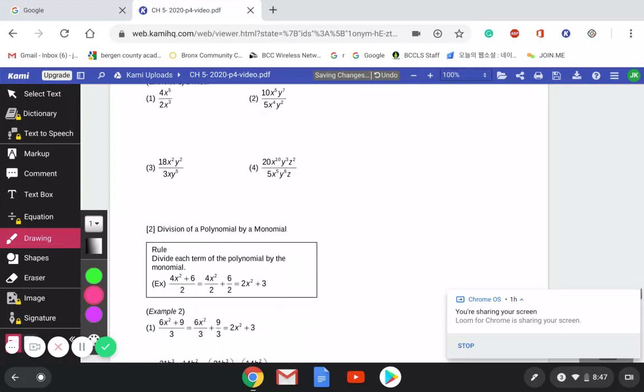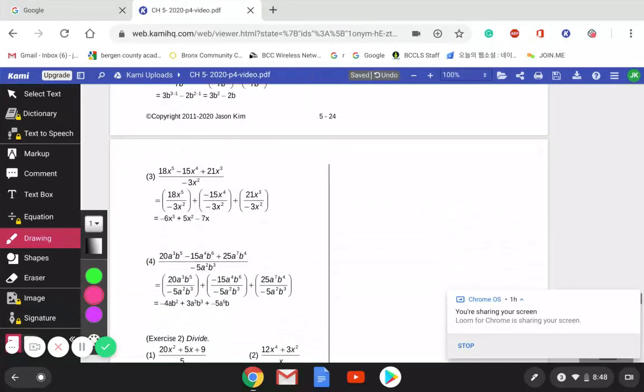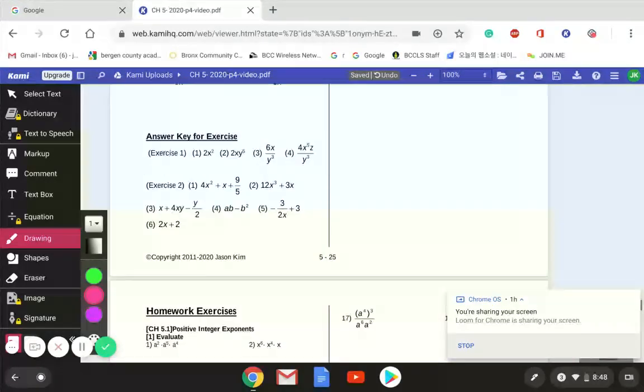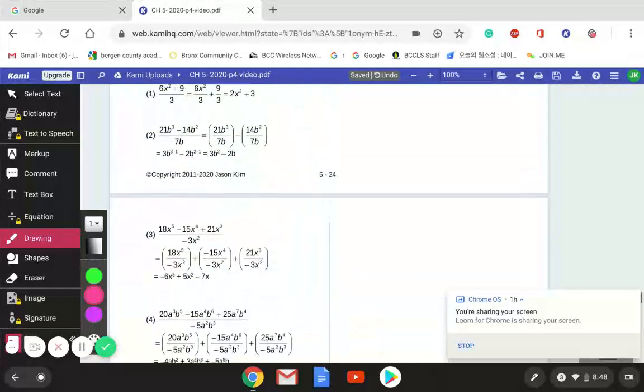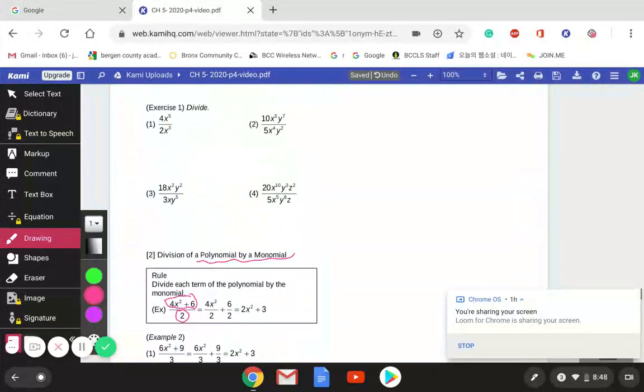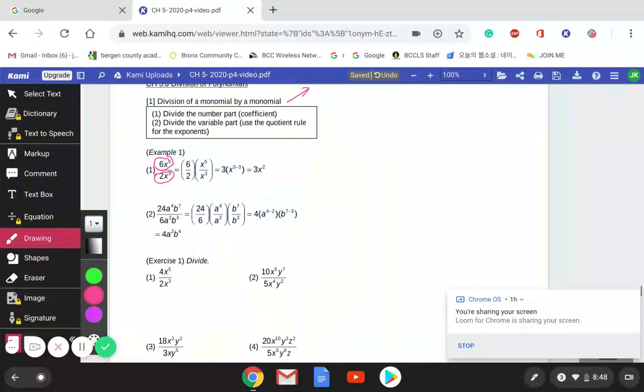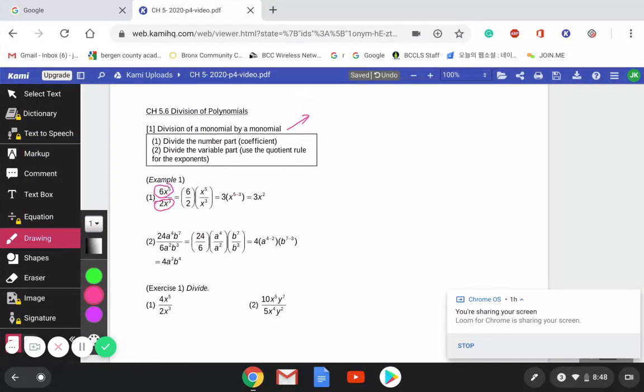Another one is polynomial by monomial, which means you have a two-term or three-term expression, but always divided by one term. Other types are polynomial by polynomial, but we are not going to cover that in this particular video. So let's go back to monomial by monomial.